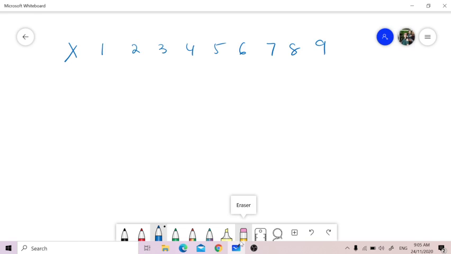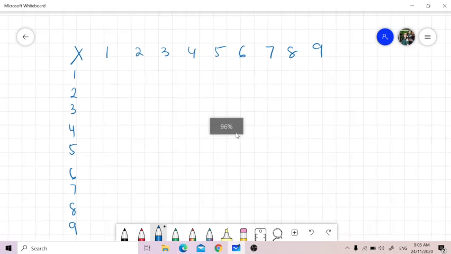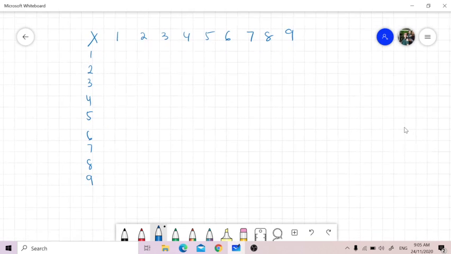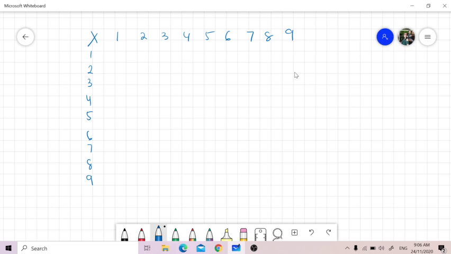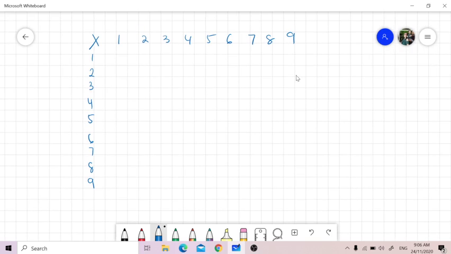Again, the same goes downwards: 1, 2, 3, 4, 5, 6, 7, 8, and 9. You can see here, my book also has a grid, a square like yours.